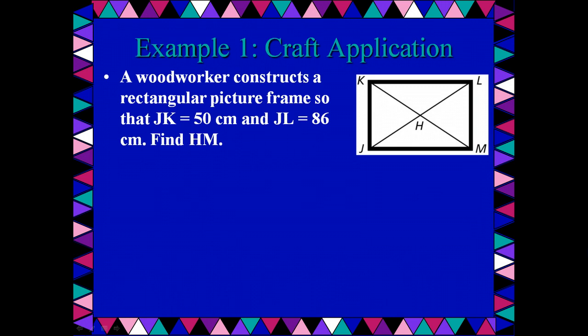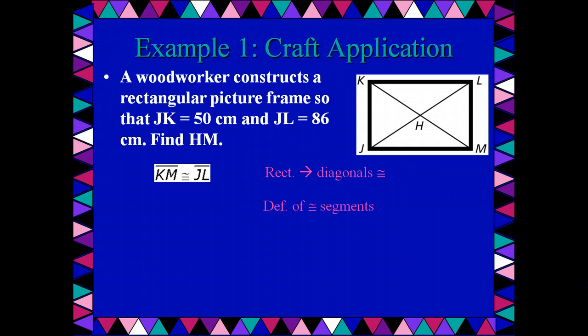Let's look at an example. A woodworker constructs a rectangular picture frame so that JK is 50 centimeters, JL is 86 centimeters. We want to find HM. So HM is this little piece here. First of all, if it's a rectangle, then the diagonals are congruent. So that means that KM is congruent to JL.